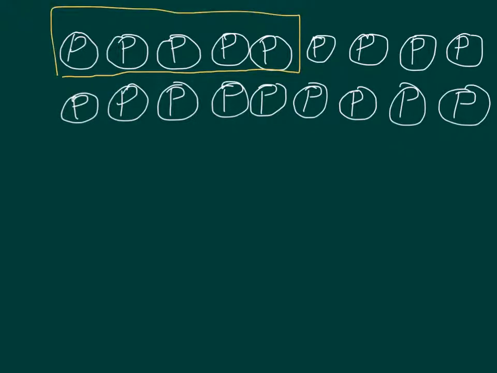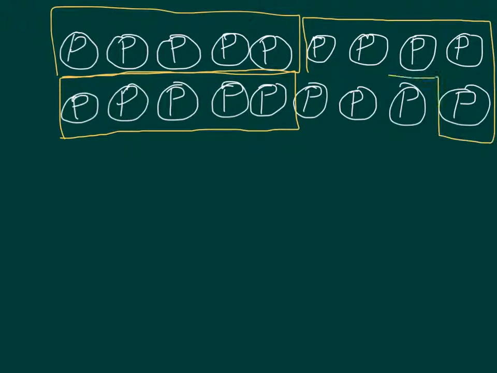I see one group of 5. 1, 2, 3, 4, 5. 2 groups of 5. 1, 2, 3, 4, 5. 3 groups of 5. Now, when I have a group of 5 pennies, what coin can I exchange that for? A nickel. You're right. Let me exchange these 3 groups of 5 for 3 nickels.